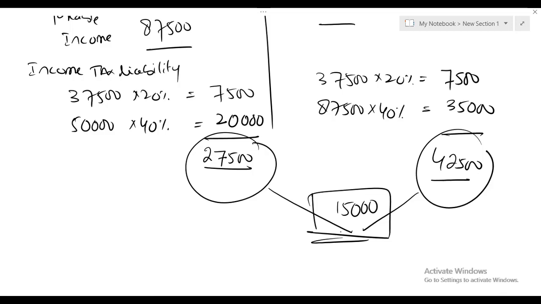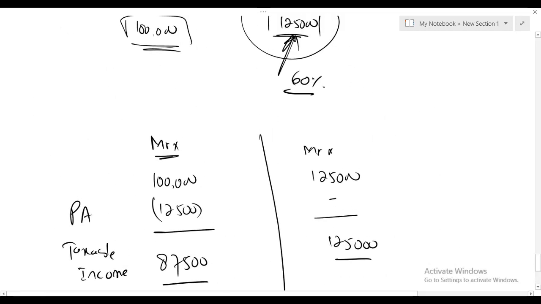Okay, but look at here. What is the difference in the income? Income is 1 lakh, income is 125.